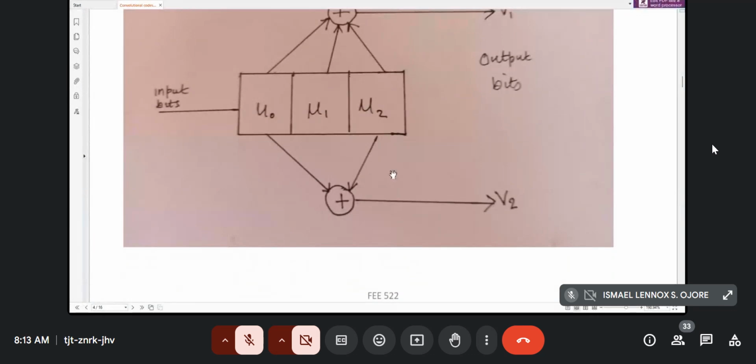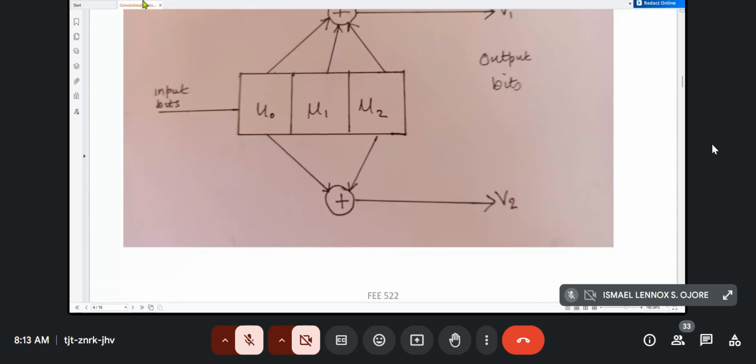The same thing with this, but now here we are adding whatever is in all the three, but here we are adding only what is in 2. So this is a different generator polynomial from this.